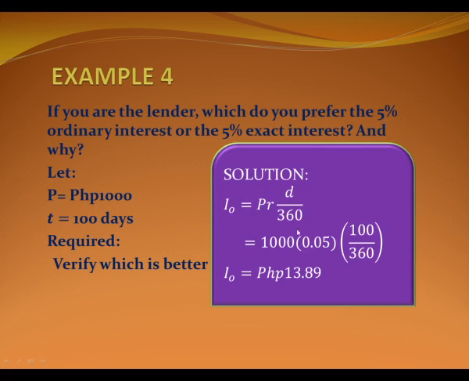The given simple interest is 5% or 0.05, and then we assume that the period of transaction is 100 days. So the divisor is 360 in order to convert into years for the given period of transaction. So we have here 13.89 pesos for the ordinary interest.